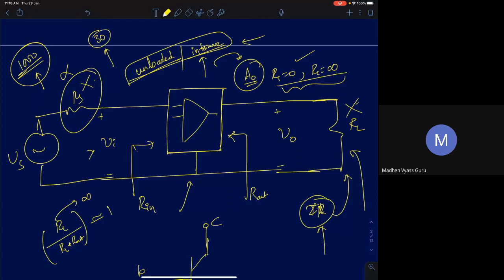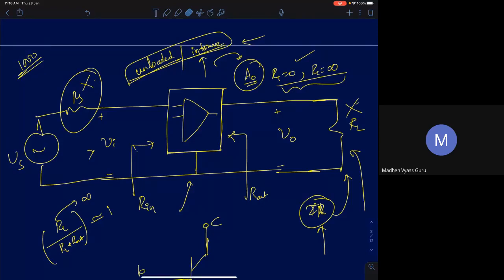Then what will you do? You will realize that by using one stage of an amplifier, I cannot get this gain. So then you will think, maybe I need 2-3 stages, 30 into 30, that will be 900 and slightly more than that. So that's how you will come to the conclusion. That is why it's important to know what an intrinsic gain is.